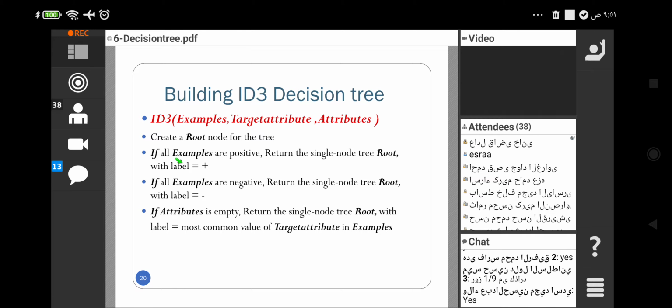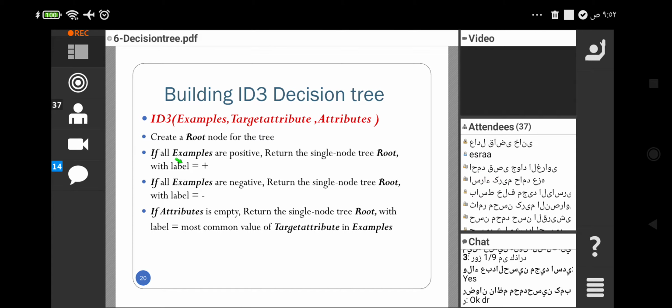A leaf node is a node that has a class inside it, and we end the decision tree at that point. These two conditions are related to this. In this algorithm we are assuming that our data has two classes, positive and negative, but generally the decision tree could handle data with more than two classes.